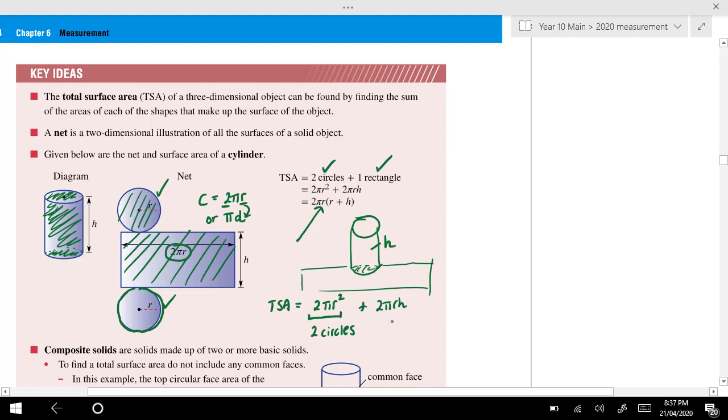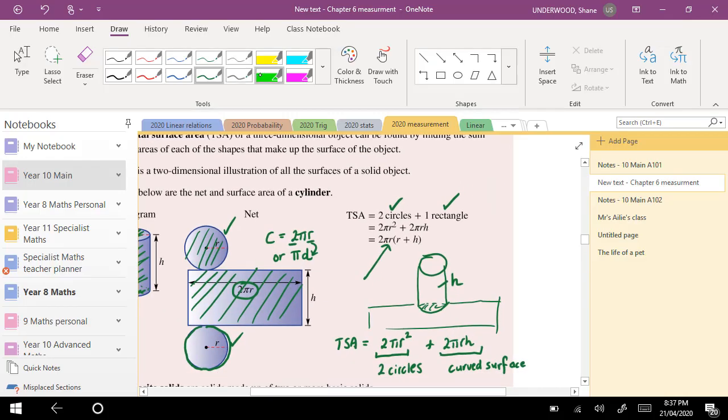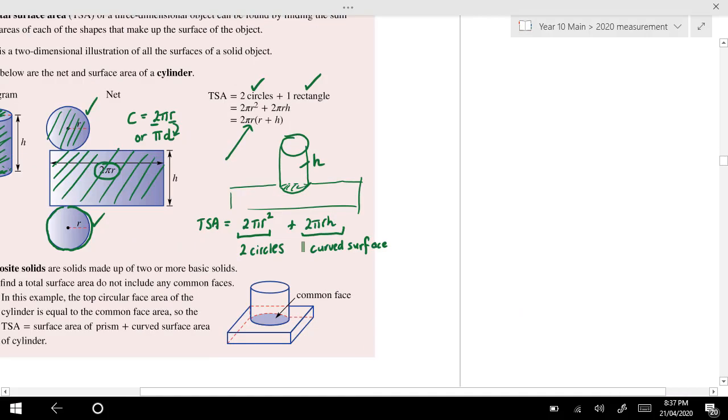So this is what we call the curved surface. If I just asked you for the curved surface area, then I'd just be asking for 2 pi r h. I'd just be asking for this thing here.